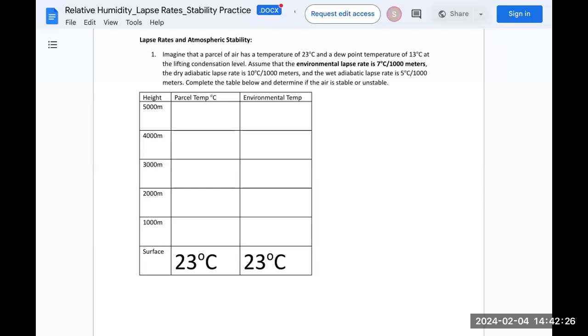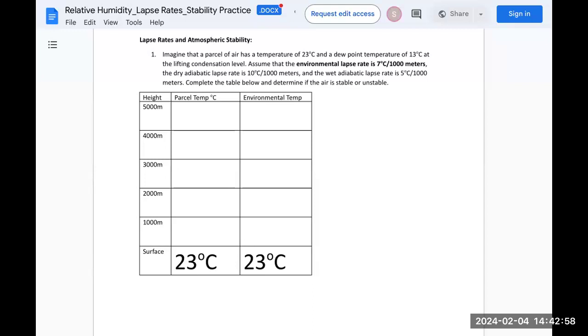And there are some very good reasons for that you should be reading about in your textbook. Once air is saturated, it does not cool as fast or at such a high rate. And so the wet adiabatic rate is usually much lower than the dry. And again, for this particular question, I have it at 5 degrees Celsius per 1,000 meters, but it could be some other number on your lab.